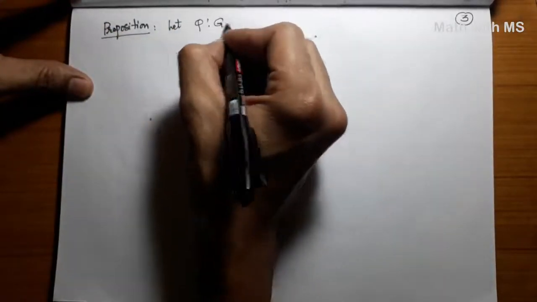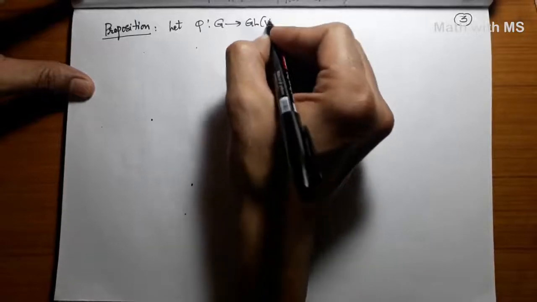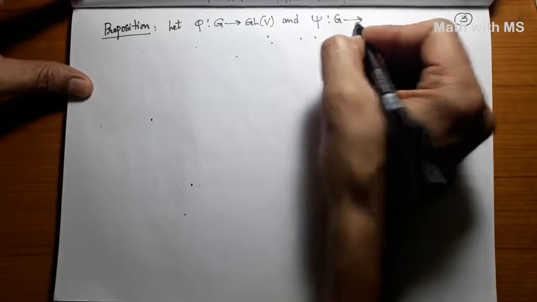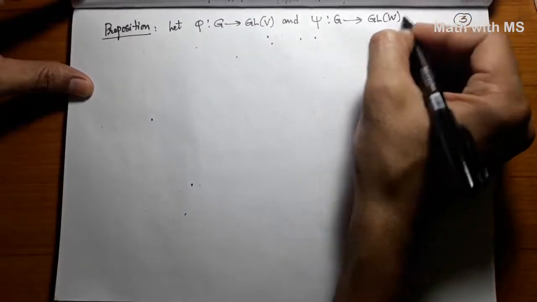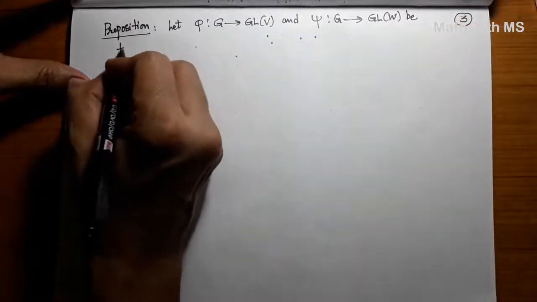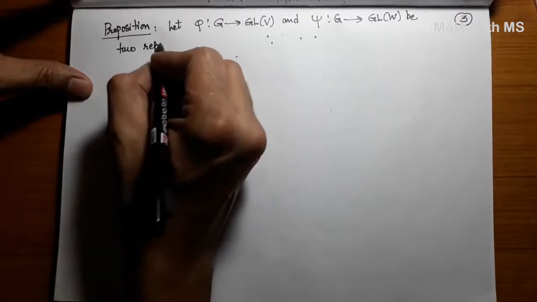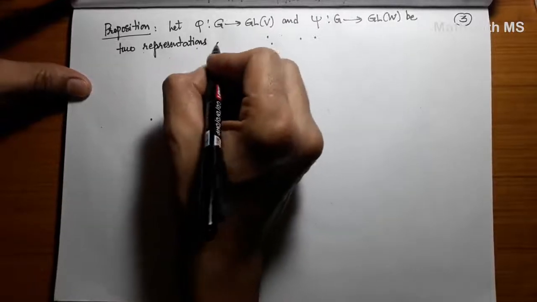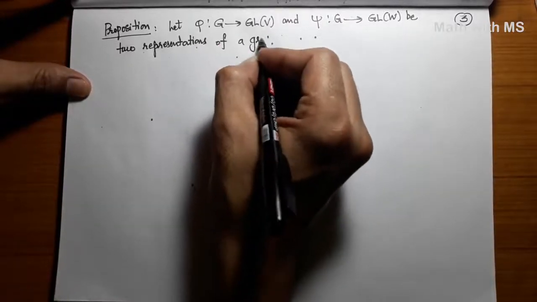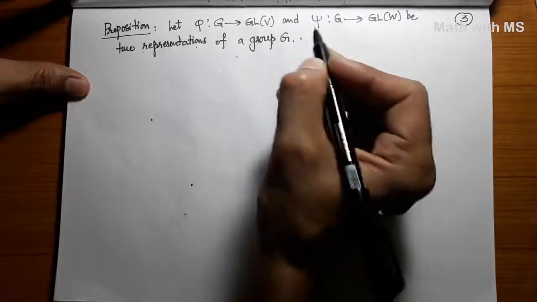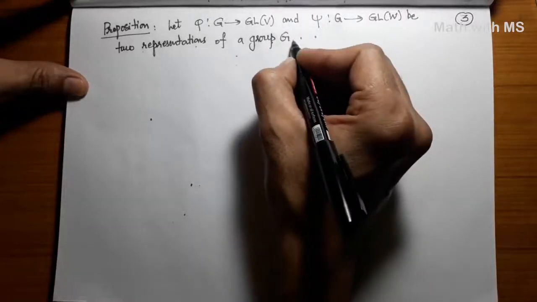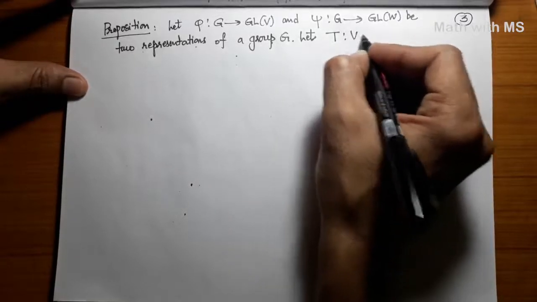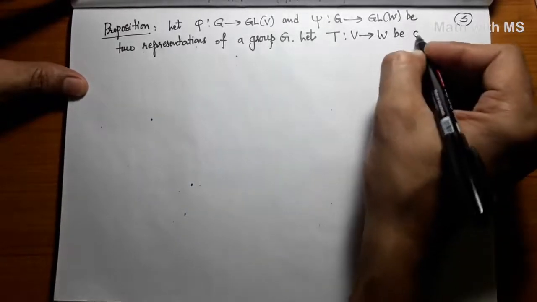Let phi from G to GL(V) and psi from G to GL(W) be two representations of a group G, and let T from V to W be a linear map.